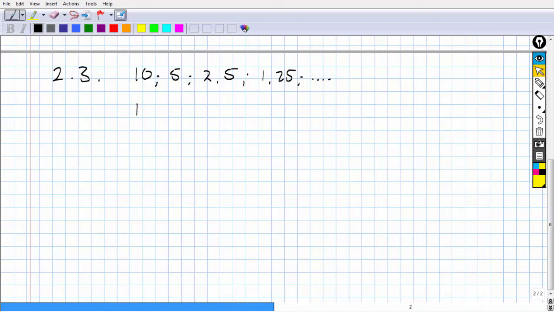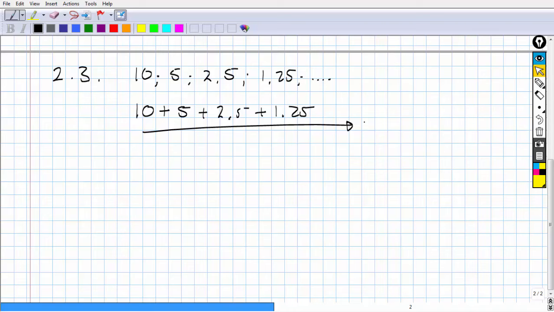And we make this a series by simply adding them together. Once again, if you're confused, just go have a look at my sequences and series video. Plus 2.5 plus 1.25. And we can see that this converges. In other words, it's going to converge to a point, to a number.